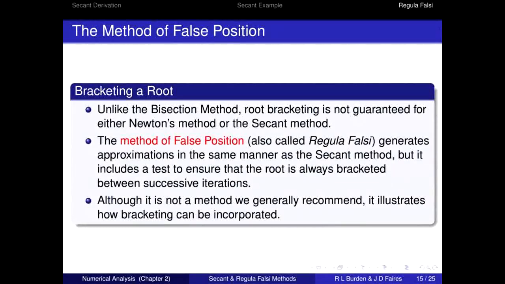As you know, Newton's and secant, although both are powerful, effective and fast converging methods, are not root bracketing methods. A root bracketing method is one that splits the interval into sub-intervals.